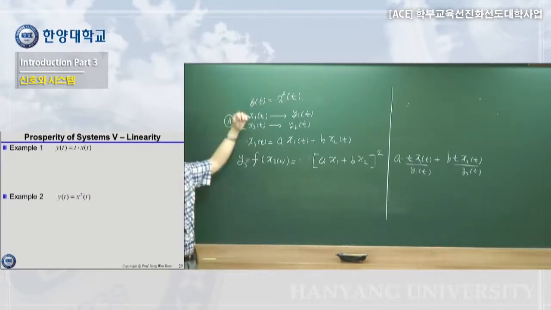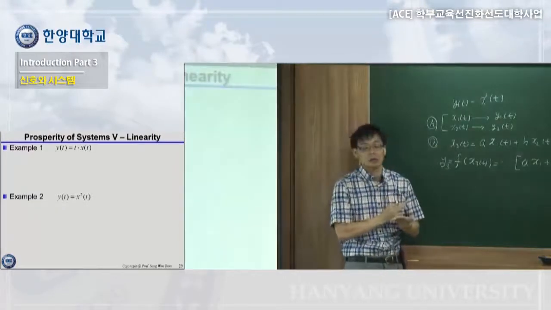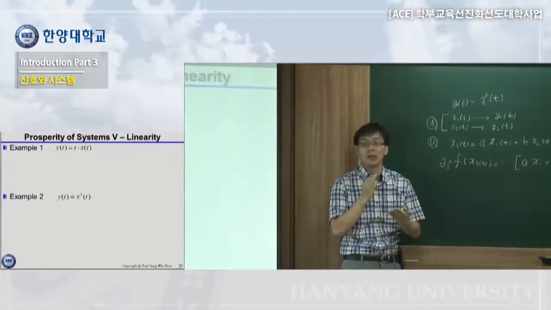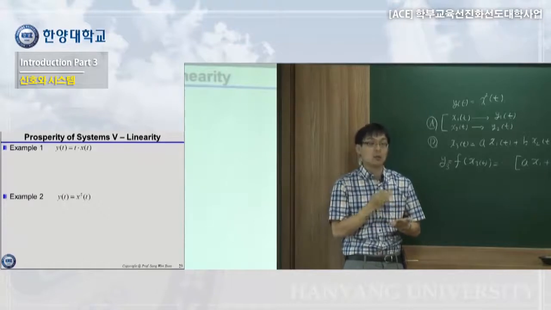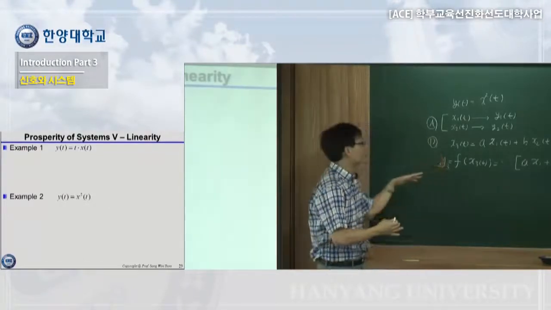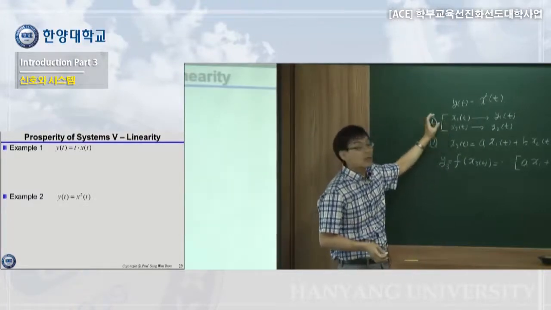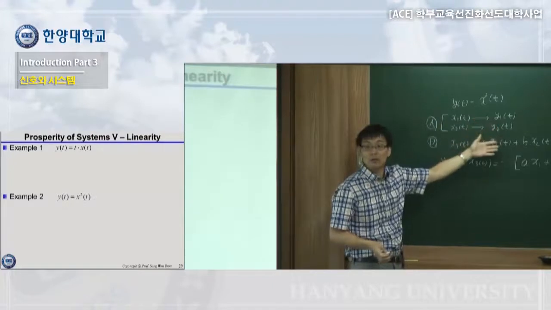To judge linearity, we check whether superposition holds or not. To check the superposition, we follow this process. We take arbitrary x1 and x2 and assume that the outputs are y1 and y2.